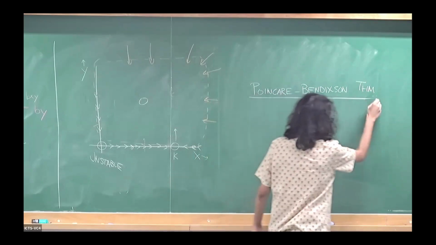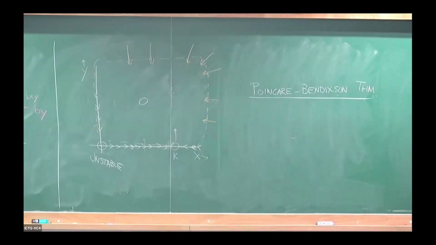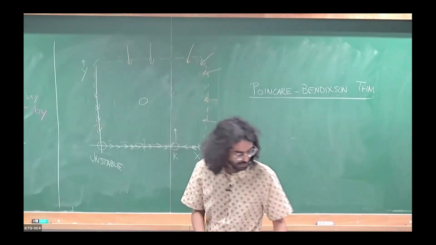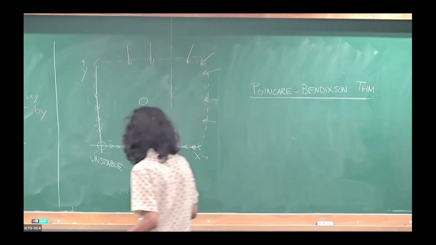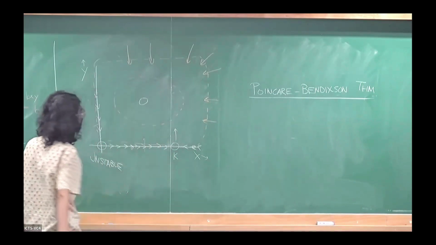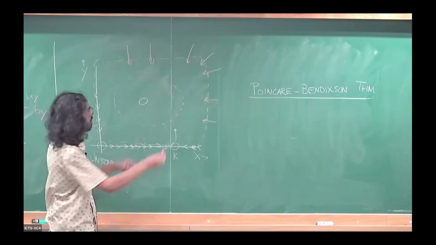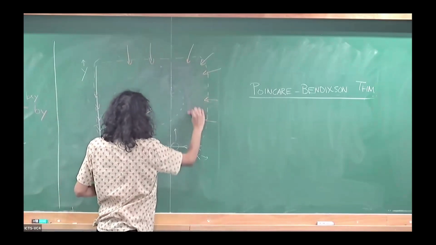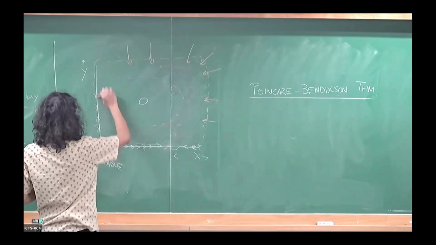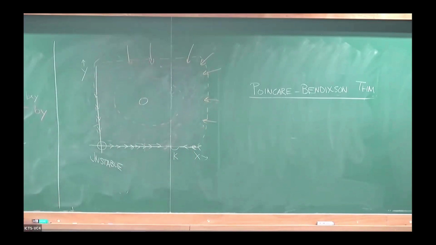What does the Poincaré-Bendixson theorem say? So what it says is the following. Say you find some sort of donut-shaped region in your phase space, where two conditions are satisfied.